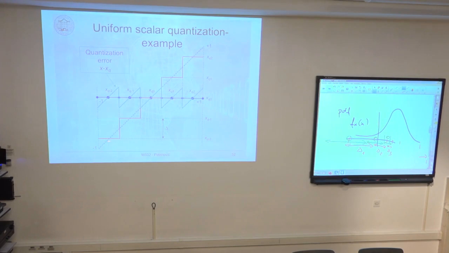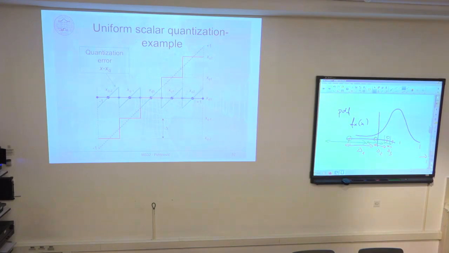Because for -0.9, the error would be this. So I have to compute the expected variance of the quantization error based on the PDF of the signal and the distortion equation that defines the error for each input value. For each input value, I can compute the error due to quantization.